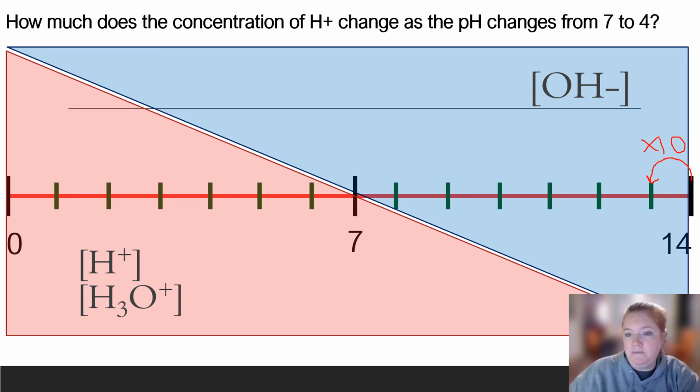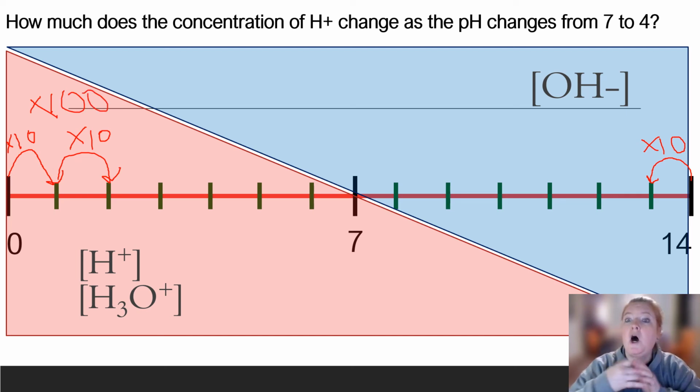It doesn't matter if we jumped that way or this way. If we jump two numbers, well, the first concentration changed times 10, but 10 times 10 is times 100. So two numbers equals 100 times change in concentration.